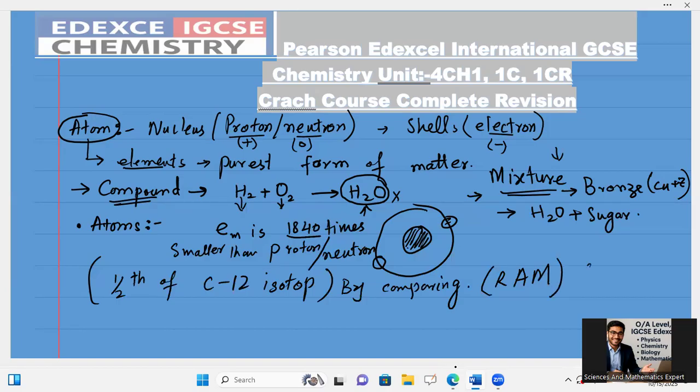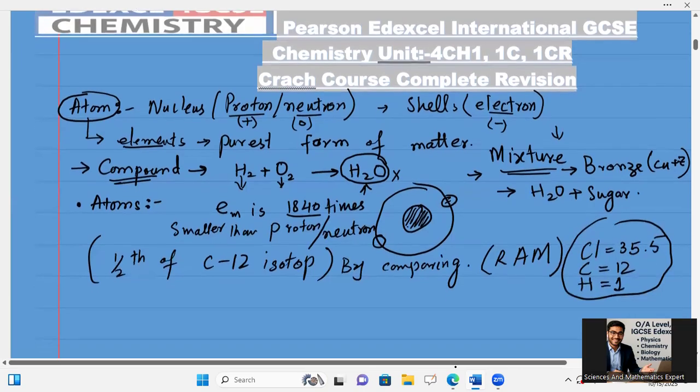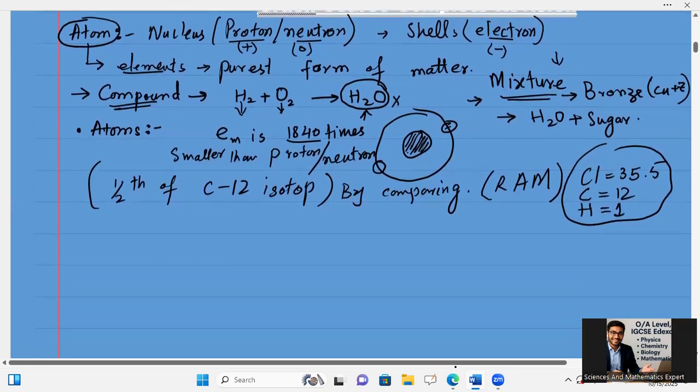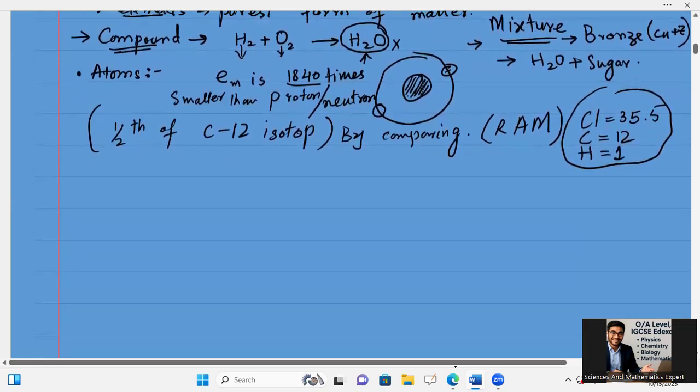For chlorine, it is 35.5. For carbon, it is 12. For hydrogen, it is 1. So these are the masses which we will have to take into account according to the periodic table. And after that, I will say that proton number, like atomic number, is stated by atomic number or proton number.